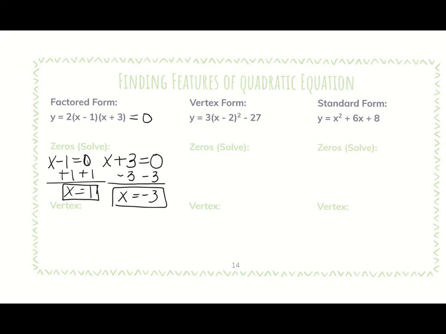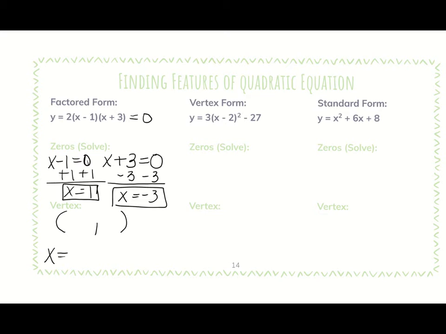Vertex, a little bit trickier. The one thing we need to remember about a vertex is that it is both an x and a y coordinate. So we need to find both the x and the y. Now, the vertex is in the middle of the parabola, meaning both sides of the vertex are going to be symmetrical. So that means it's always going to be in the middle of these two zeros. So to find the x value of the vertex, we want to find the middle or halfway between our two x values.